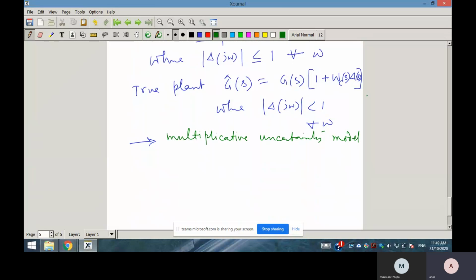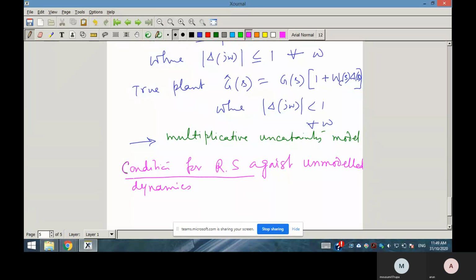Now, how to guarantee the condition for robust stability against unmodeled or neglected dynamics? What is the condition that I have to obtain?